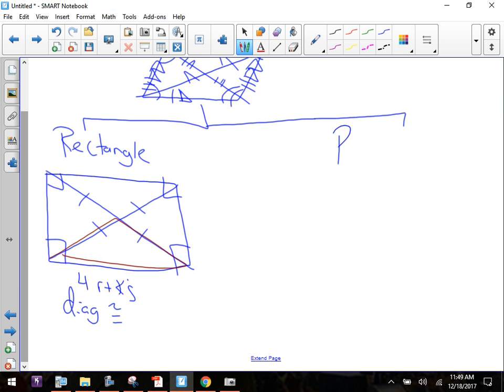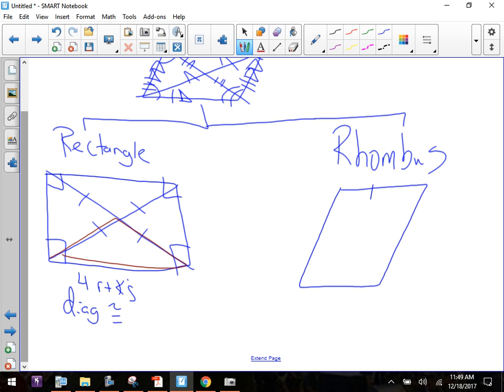The rhombus. 4 congruent sides. Diagonals that are perpendicular. I'll list this out here.